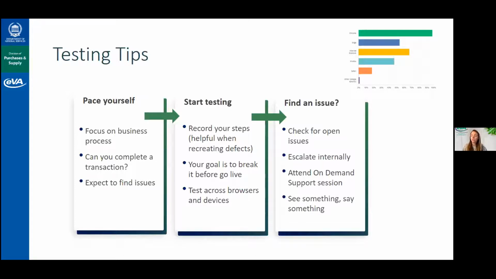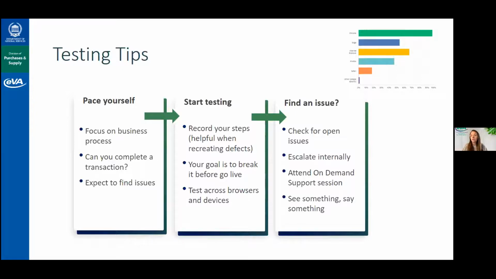We're encouraging each entity to establish one point of contact for testing. What that does is it really helps to streamline and make sure that new issues are escalated up. And what your entity is going to find is that with everybody coming to one place and reporting things internally, it's going to make your communications better for your end users once you go live as well.